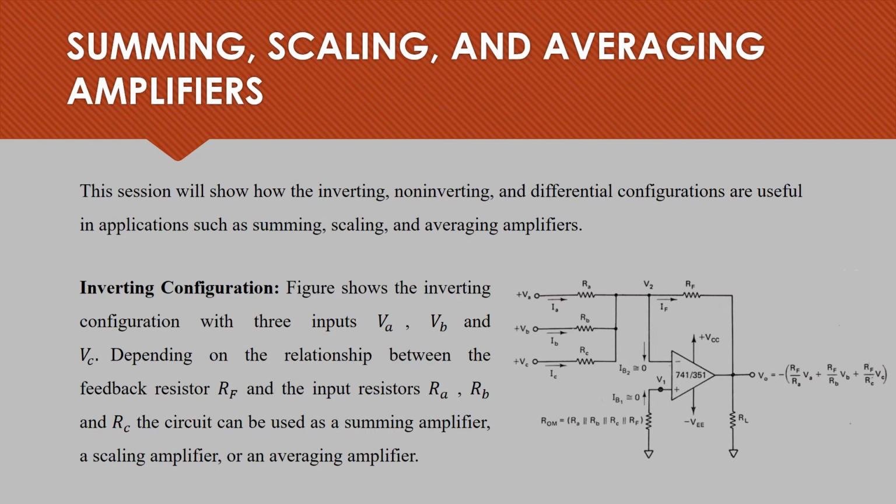The figure shows inverting configuration where the three inputs VA, VB and VC are connected to the negative terminal of the op-amp. Depending upon the relationship between RF and the input resistors RA, RB and RC, the circuit can be used as a summing, scaling or averaging amplifier.